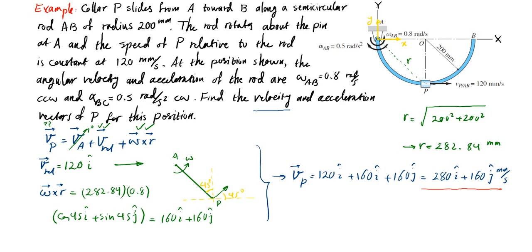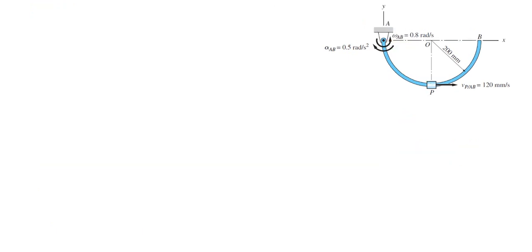Now, looking at the acceleration, we're asked also to find the acceleration. I'll go to the next page. The acceleration, well, same story. I'll write AP is equal to AA plus A relative plus alpha cross R plus 2 omega cross V relative plus omega cross omega cross R. These are all vectors.